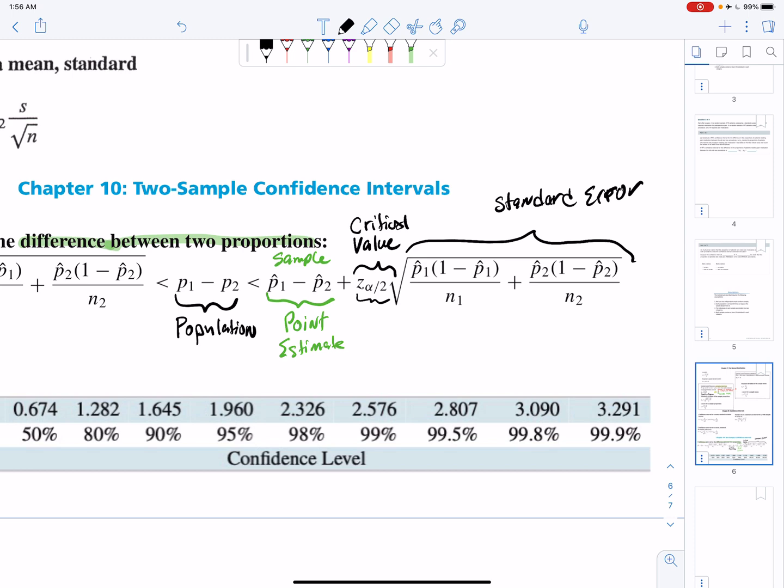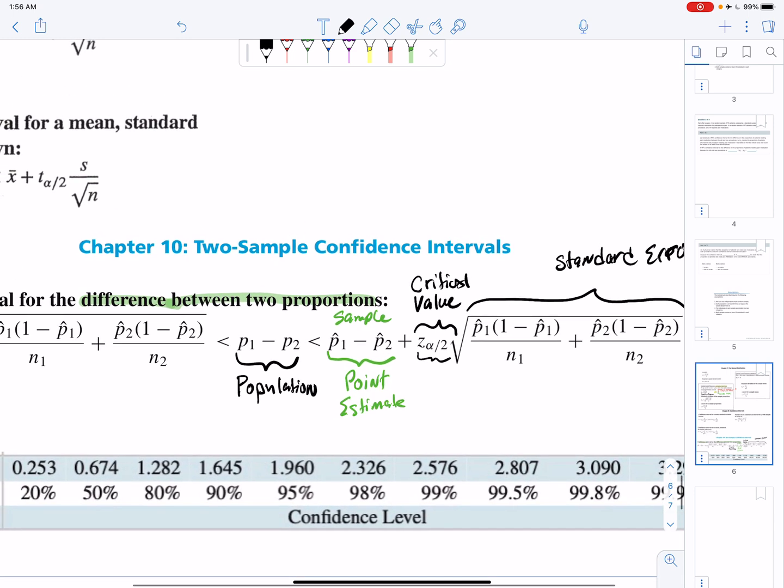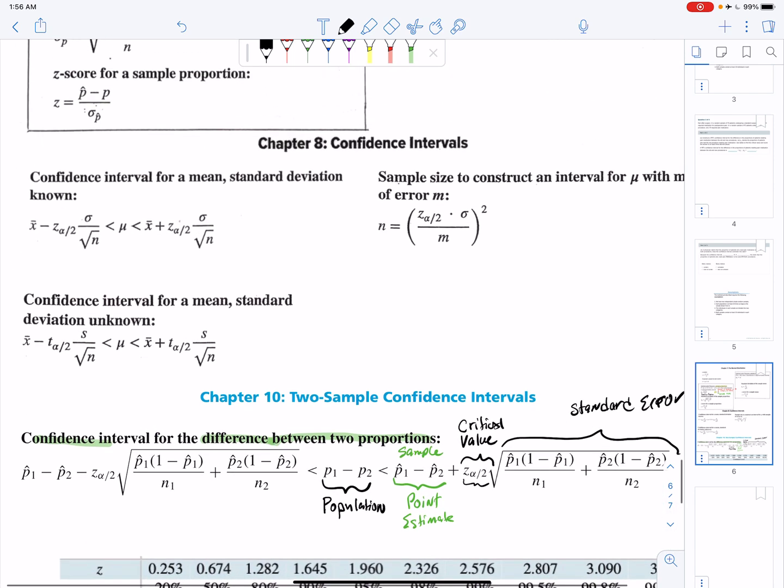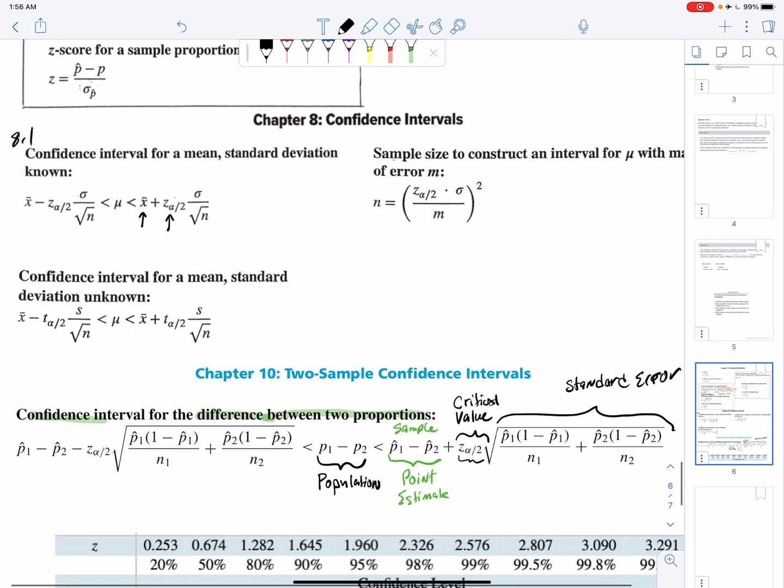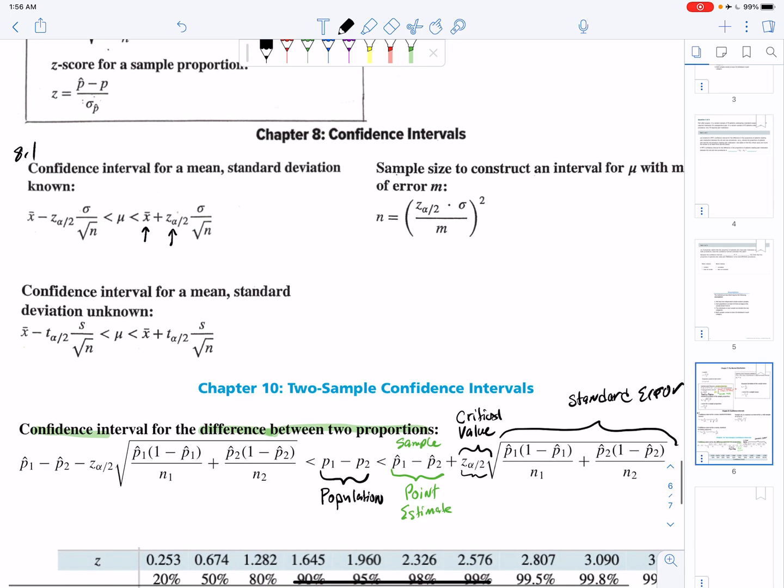By the way, that standard error was in our other formulas from 8.1. In this particular problem, we had our point estimate right there. We had our critical value right there, so you can see that's the same. It's just that we've got the difference of two different proportions. And then this guy right here was much simpler, but that is your standard error.